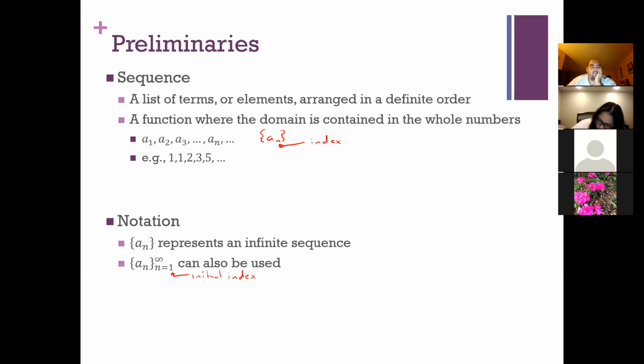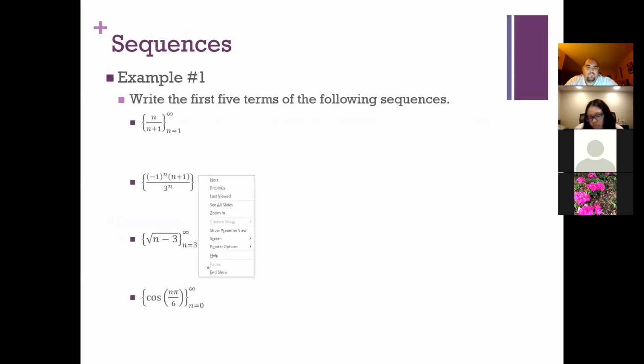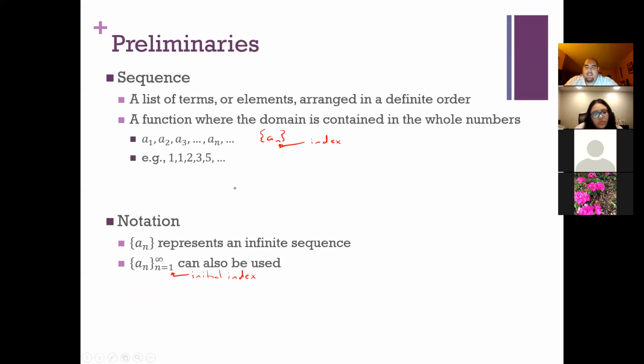These are not like continuous functions. There's some minimum value of the independent variable that this sequence is defined for. It's usually going to be 1. In this case, I'm explicitly telling you that the minimum value is 1, and the infinity just means that there is no upper limit. So there are an infinite number of terms in this sequence. Sorry, I forgot that was the last bullet. I'll give you a couple seconds to catch up here before we do some things with sequences.